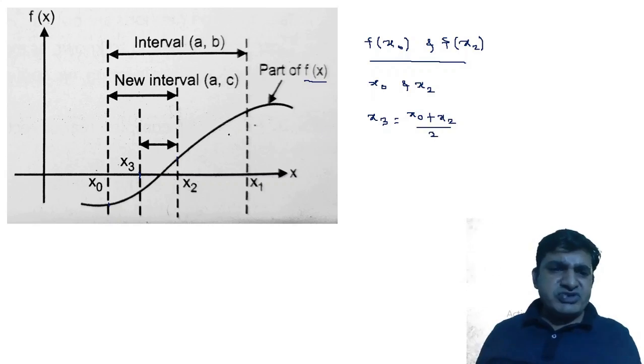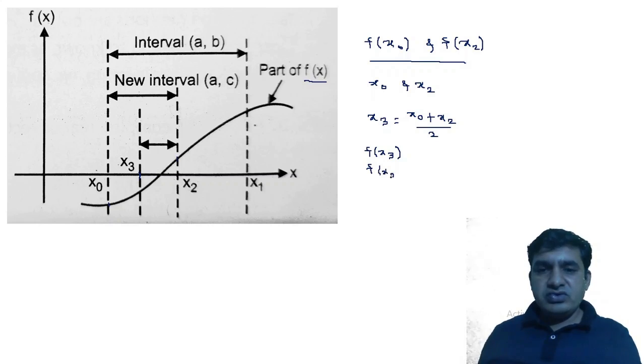This process is carried out. First we find the root in between x0 and x2. After that we find the midpoint, that is x3. Now again we check f of x3, or we find f of x3, f of x2, and f of x0.